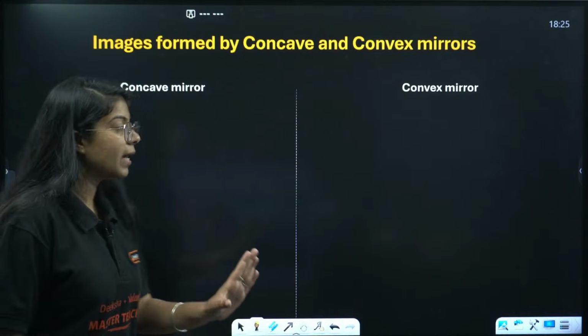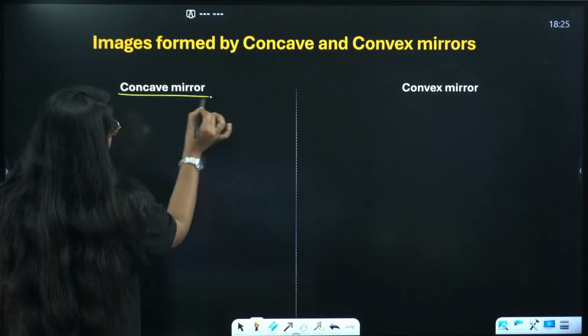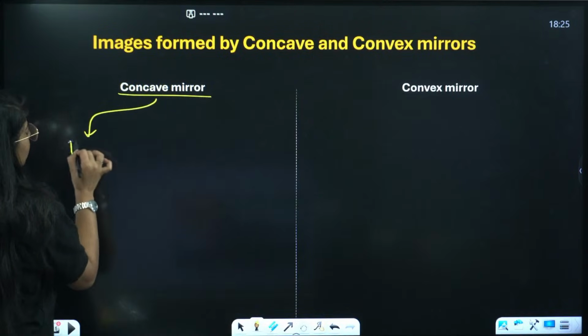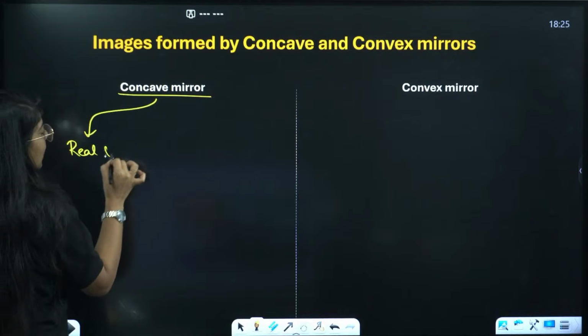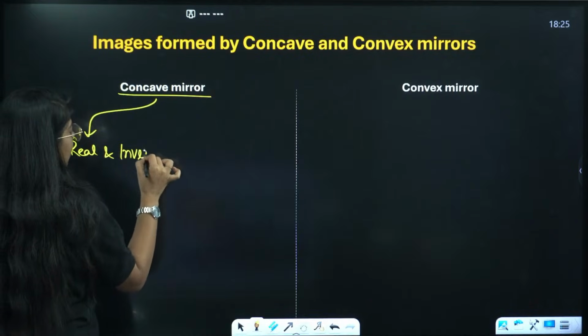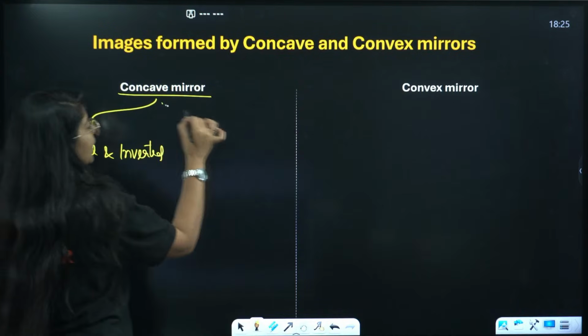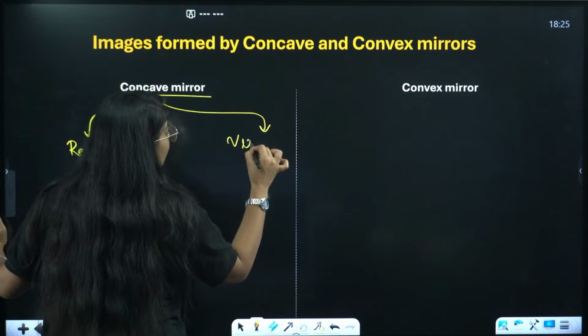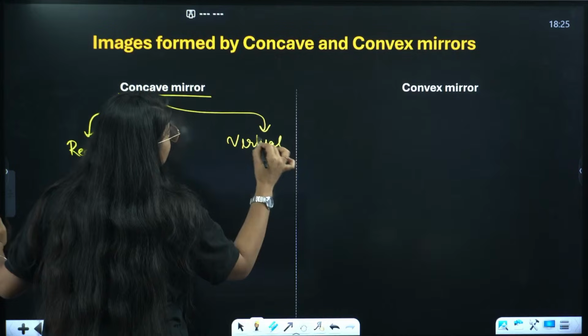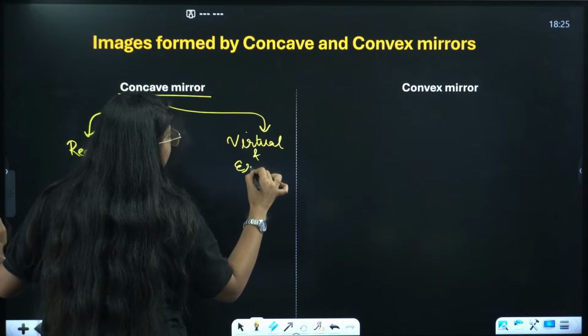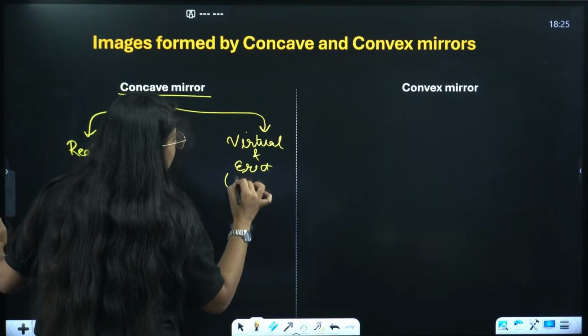चलो नेक्स्ट क्वेश्चन, अभी what you have to do, revise all the summary again, just one more time. Concave mirror will make both real and inverted, I'll give you इसका screenshot ले लेना, ठीक है, and it will also make virtual and erect images.